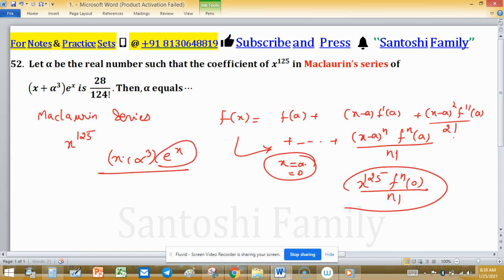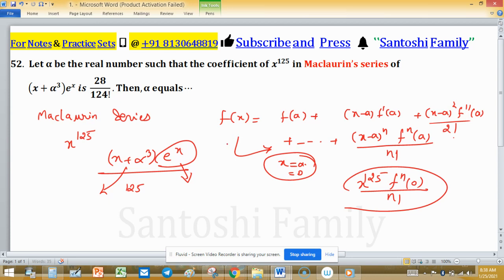Finding a higher derivative will be complicated, like the 125th derivative of this function, because we always have to apply the product rule.